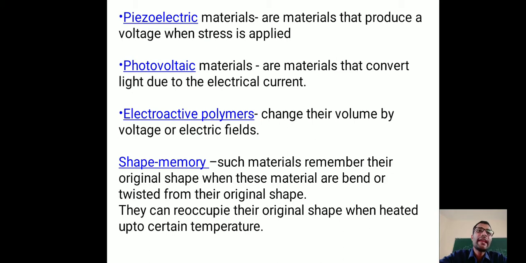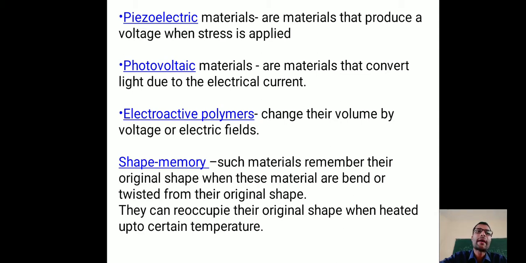Piezoelectric materials are materials that produce a voltage when stress is applied. Piezoelectric material means if we apply stress on that material, voltage gets produced in that material. That is piezoelectric.